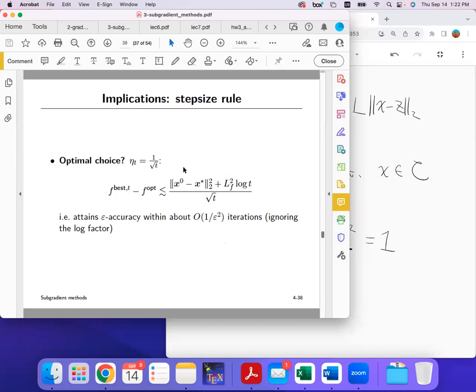So this rate is roughly log t over square root of t, and we usually ignore the log factors because they are not dominating factors.